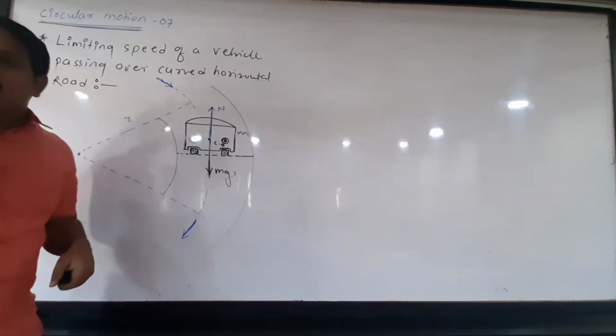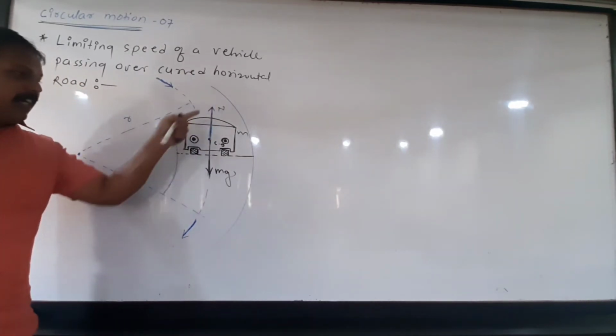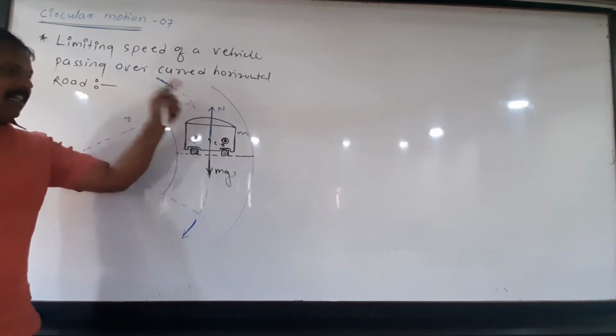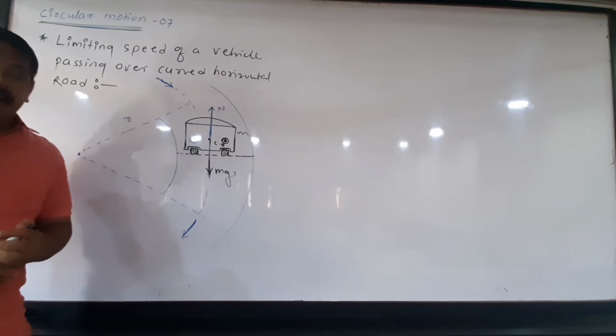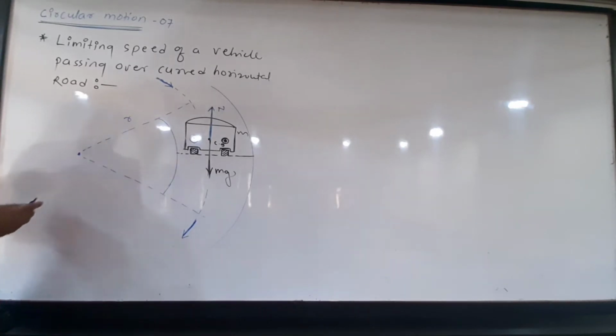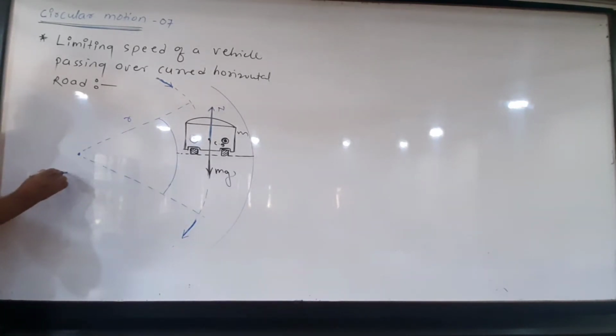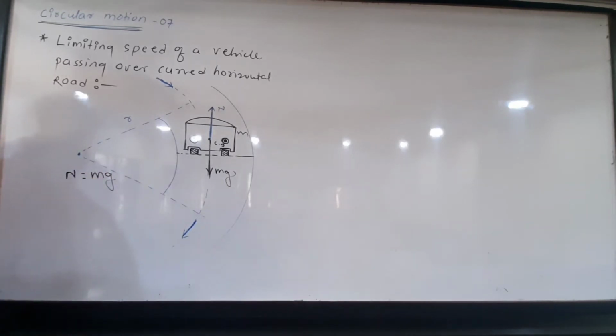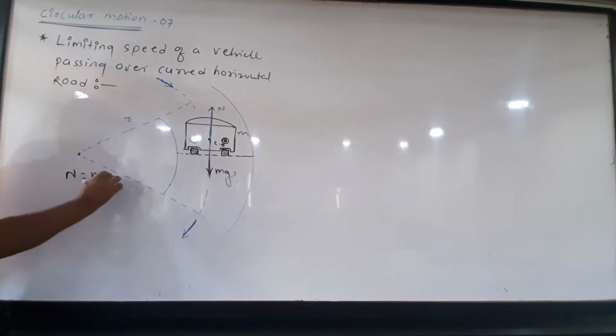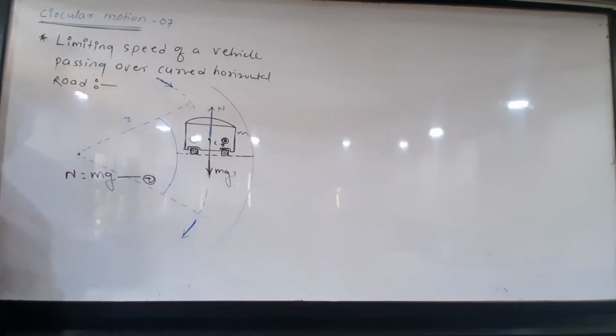According to Newton's third law, every action has an equal and opposite reaction. So mg is the action, N is the normal reaction given by the road. Okay. So it means that in this case the normal reaction is balanced by the weight of the vehicle. Remember, we can call this equation number 1.